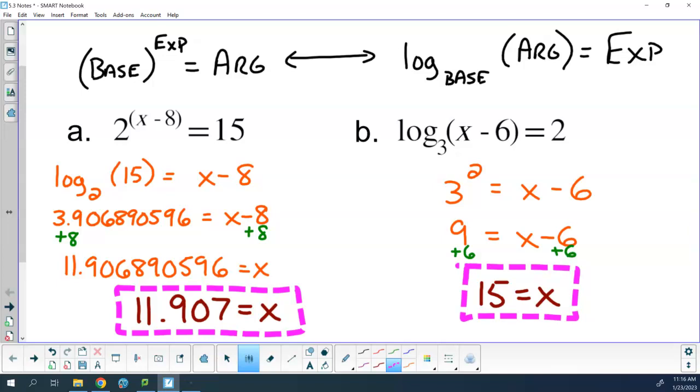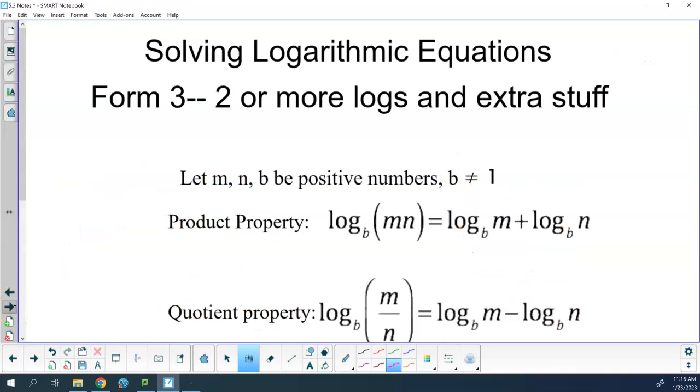So last week we talked about exponential problems and how to solve them. We talked about singular log problems and how to solve them. We talked about log equals log, and exponent equals exponent, how to solve all of those. There's one style of problem that we haven't gotten to yet, and that's when we have two or more logs and some extra stuff.